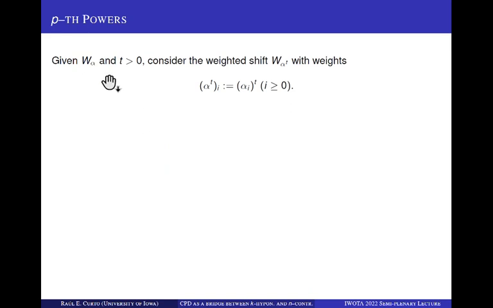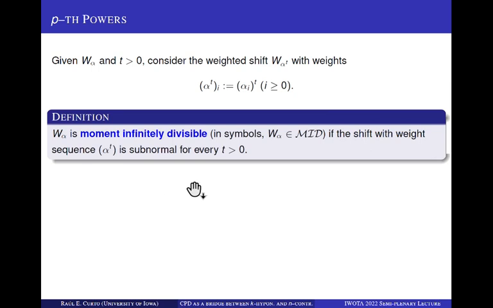Now, given W alpha and t bigger than 0, consider the weighted shift consisting of taking the t-th power of the weights, for any t bigger than 0. So we're going to define W alpha to be moment infinitely divisible if the shift with weight sequence alpha to the t is subnormal for every t bigger than 0.